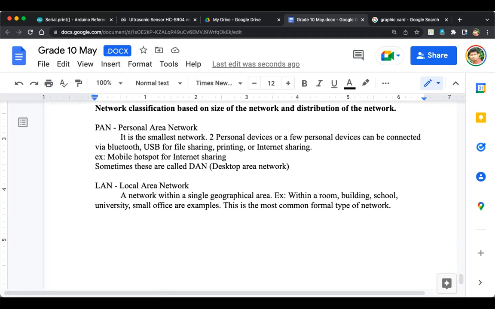So within office, okay, please write that down. Okay, so local area network is a network within a single geographical area.